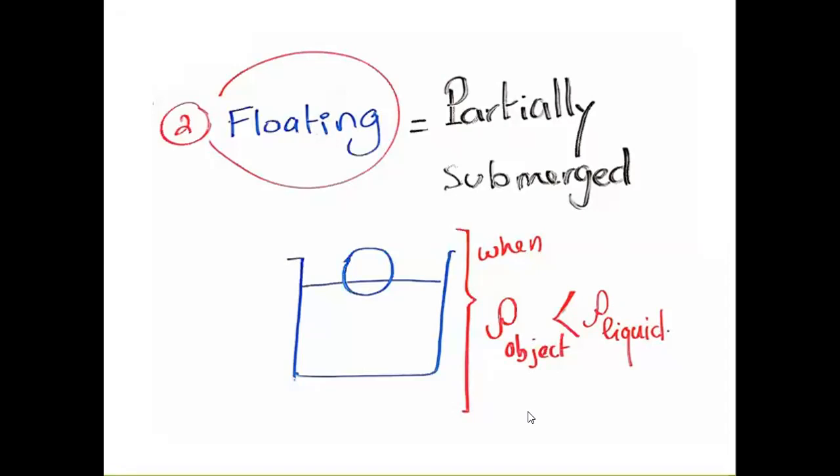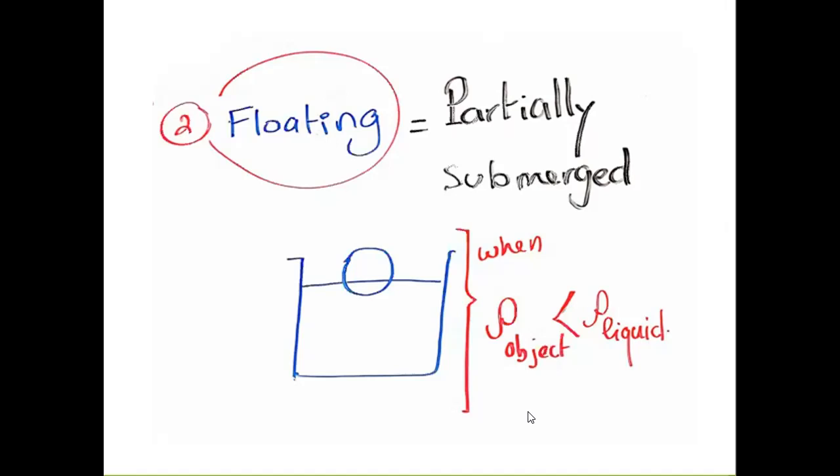No, this is not floating. This phenomenon that you are talking about is called surface tension. This is a completely different phenomenon, and it's not included in our portion. In fact, we are not interested in such a phenomenon.